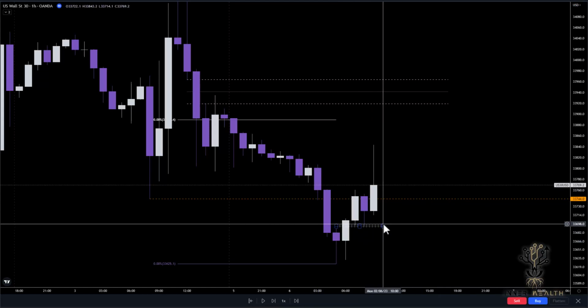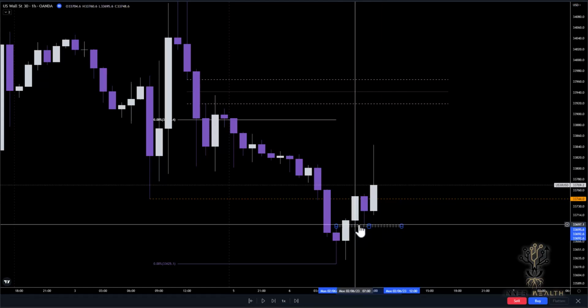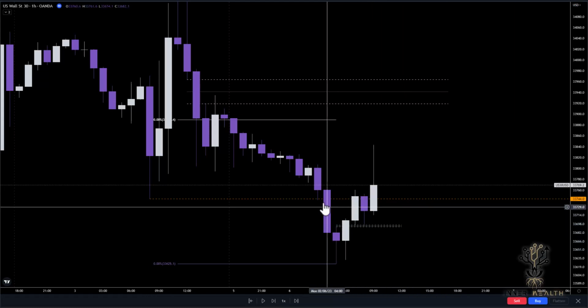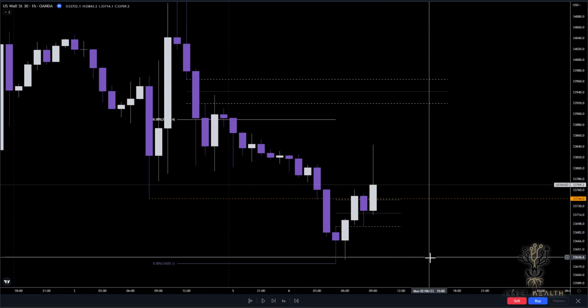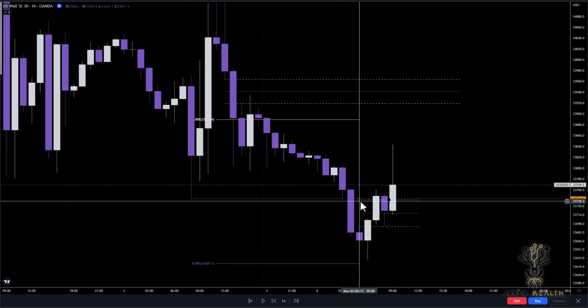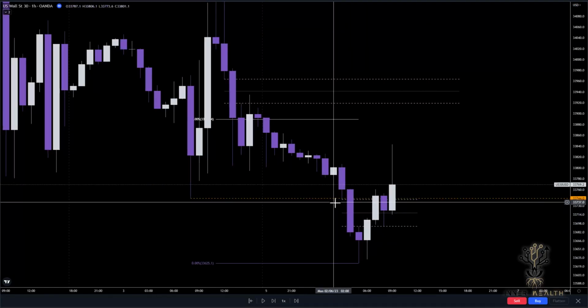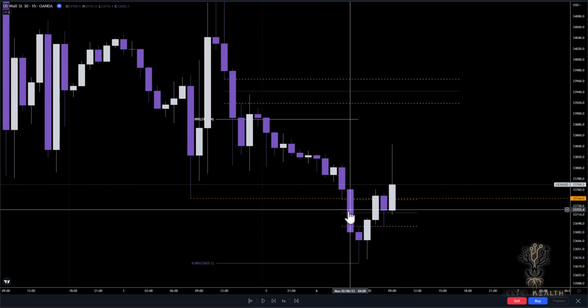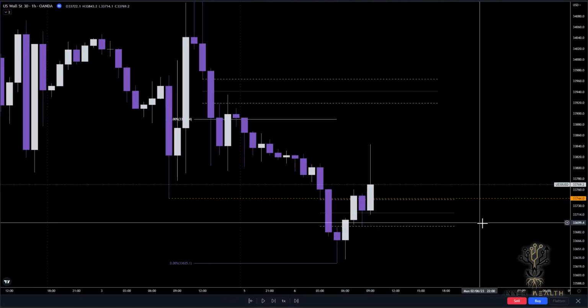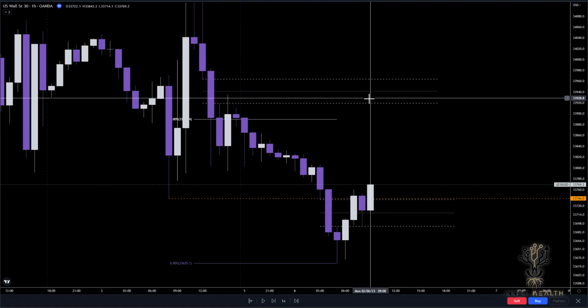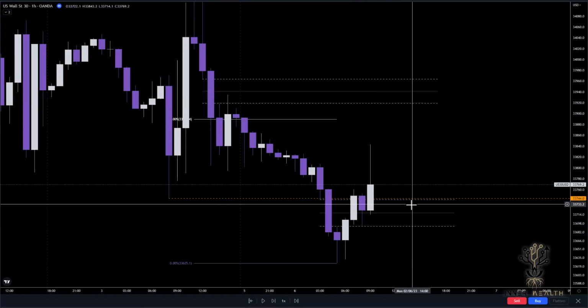Okay, so a very minor imbalance right there, but it is there, as well as this imbalance here. So there is this imbalance as well, so I'm going to mark this one out, actually, this 1 hour imbalance right here.